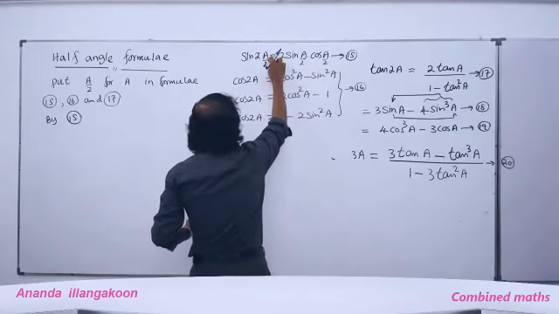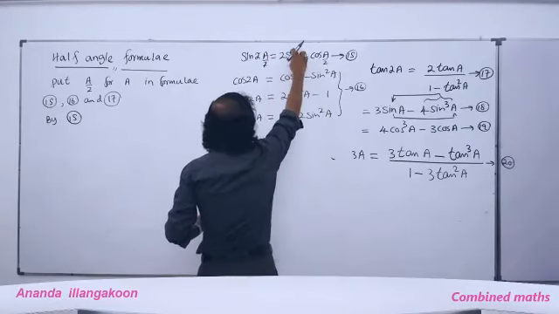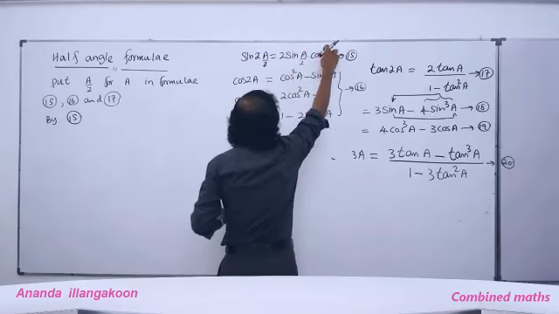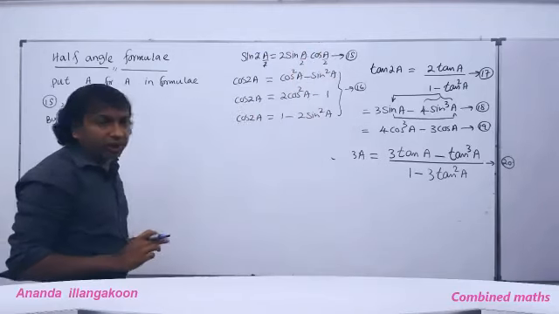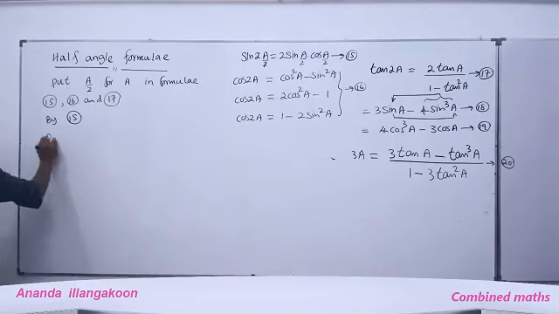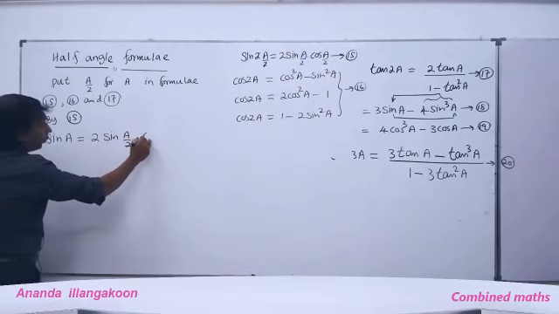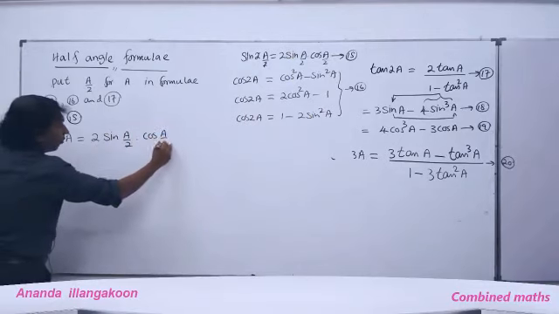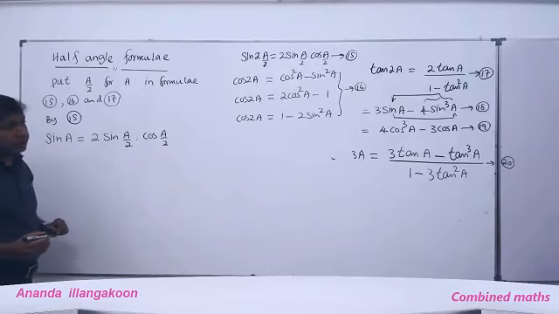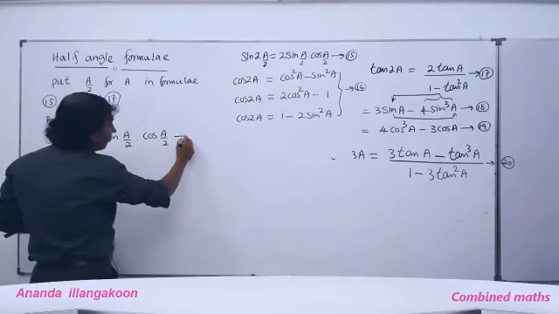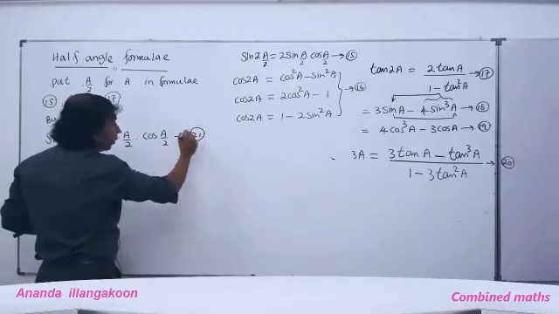Sine a equals what? 2 sine a by 2 cos a by 2. Understand? Then we get sine a equals 2 sine a by 2 into cos a by 2. This is number 21. Okay.